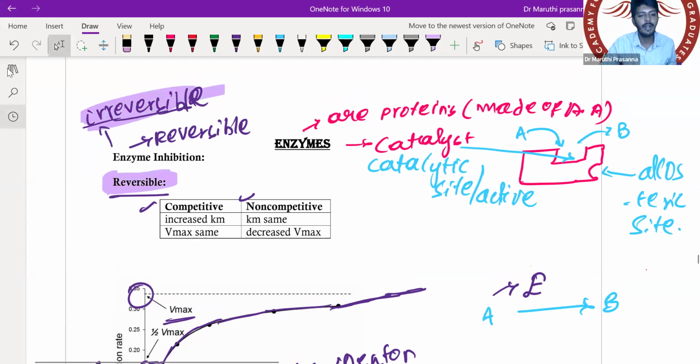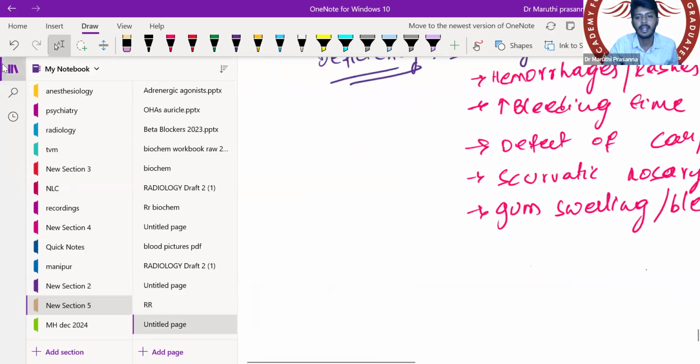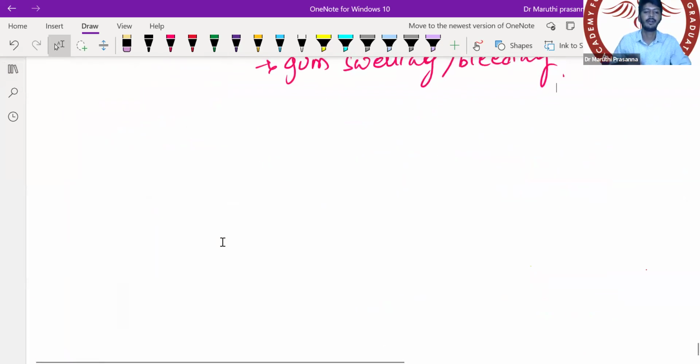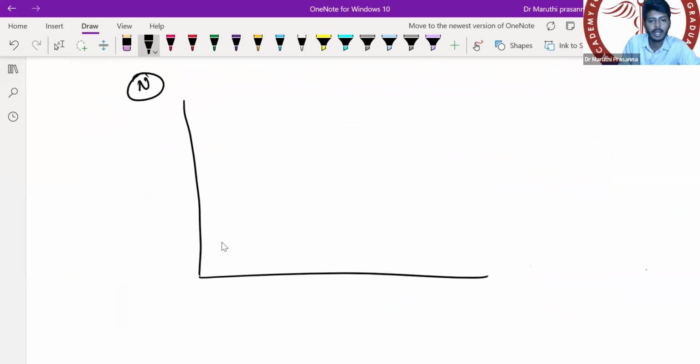Now let's understand how it will affect Km and Vmax in competitive and non-competitive inhibition, and how the inhibitor works. So there was one reaction, and normally the reaction was going on like this. Here is the rate of the reaction and here is the concentration of the substrate.